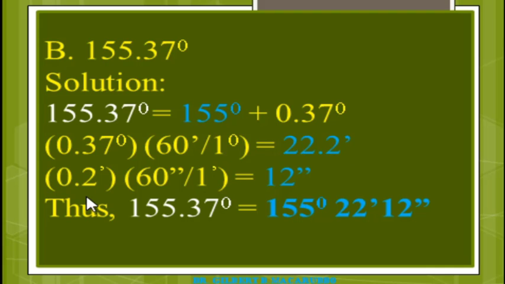Now, converting 0.2 minutes into seconds, we multiply by 60 seconds over 1 minute, so that minute will be cancelled out. Simplifying further, this is just equal to 12 seconds. Thus, 155.37 degrees is just equal to 155 degrees, 22 minutes, and 12 seconds.